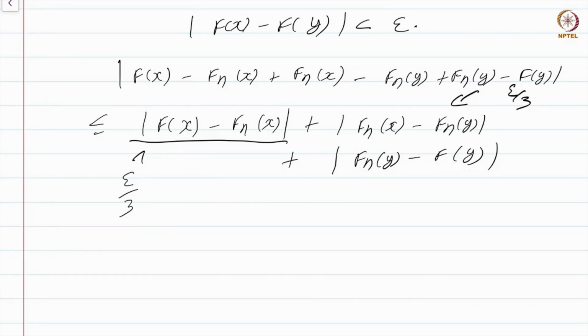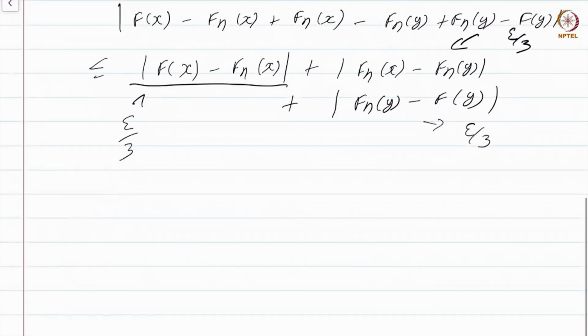And the third term can be made less than epsilon by 3 for exactly the same reason, f_n(y) converges to f(y). So you would think that it is certainly possible to make |f(x) - f(y)| less than epsilon by choosing delta appropriately, but not so. Not so quick. Let's see what happens.